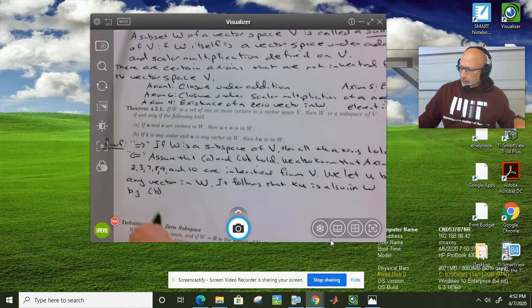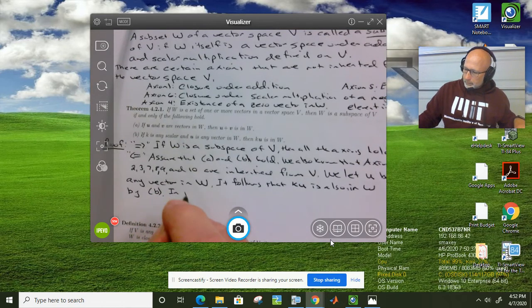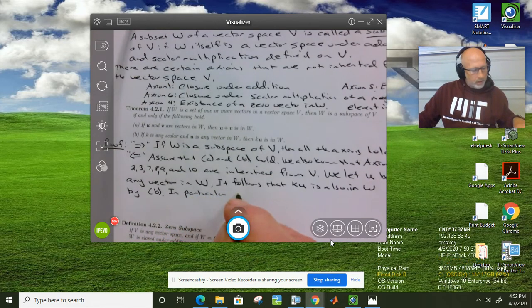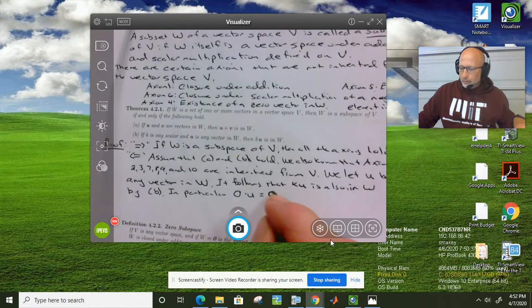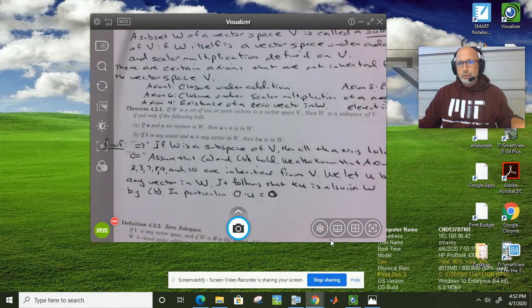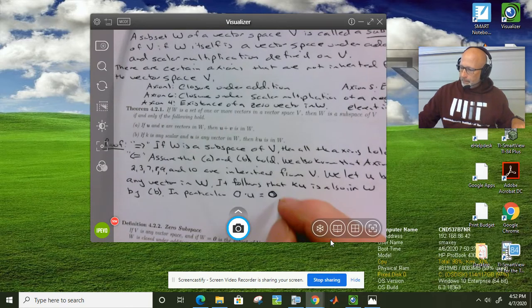In particular, we have 0 times U because it's true for any scalar. And 0 times U is 0, which is the 0 vector. So I basically showed that it had the 0 element.